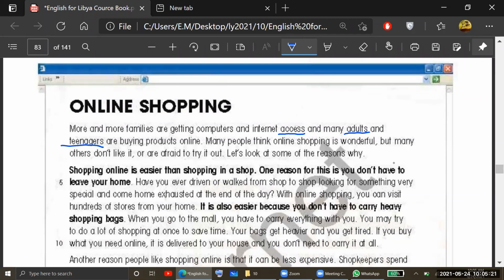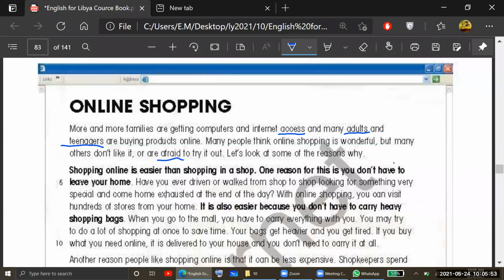For example, the teachers are adults, the students are teenagers, are buying products online. Many people think online shopping is wonderful, but many others don't like it or are scared to try it out. Let's look at some of the reasons why.